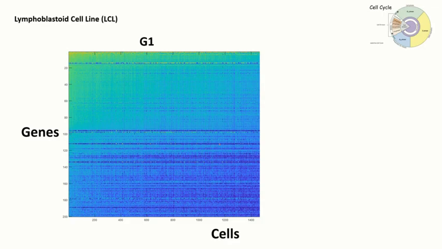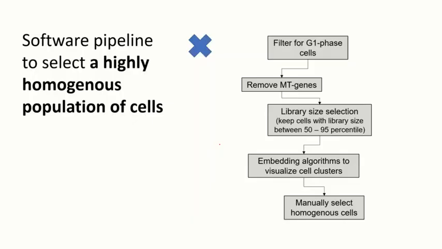We don't want the gene expression difference to be caused by cells in G1 phase versus G2. We are not interested in those. We are interested in the gene expression difference between cells that are a homogeneous population. So this is the first step: we only focus on the same cell type, all the cells in the G1 phase of the cell cycle.